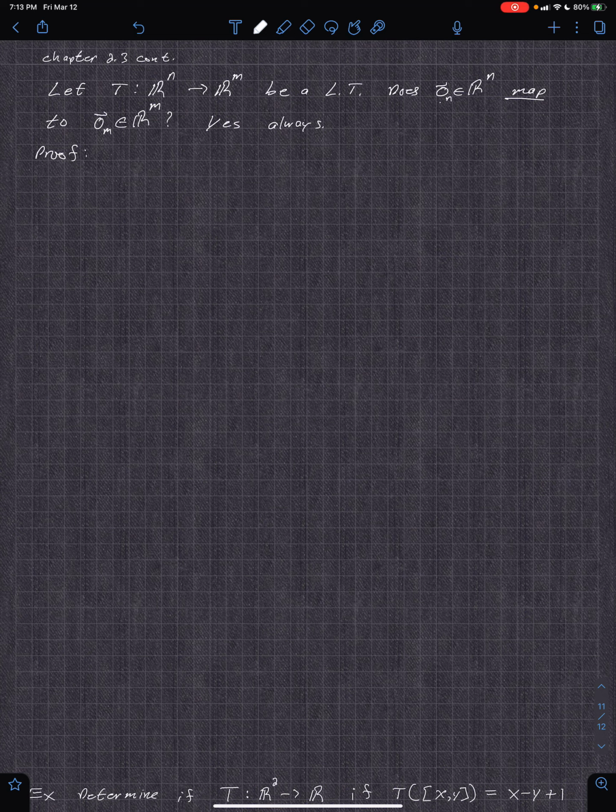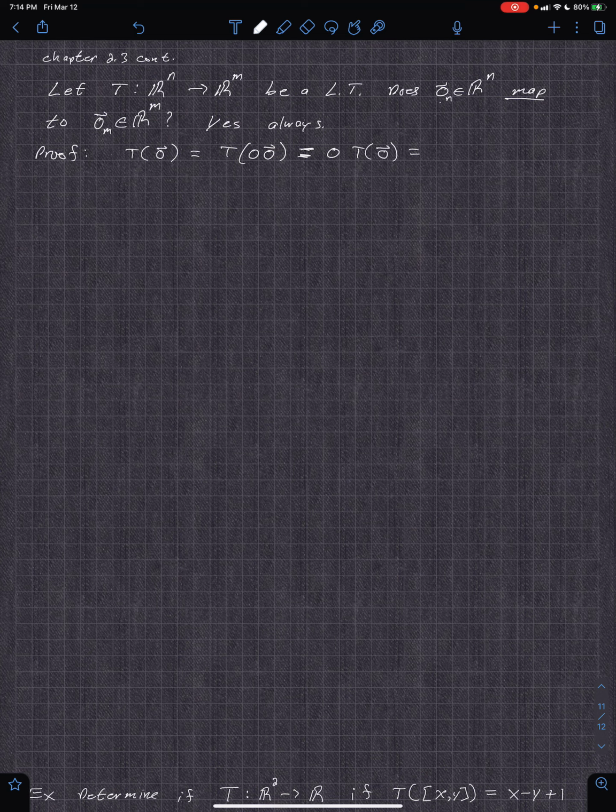So let's assume this is a linear transformation. And if you look at T of 0, that's equal to T of, that's a 0 vector. So this 0 vector here is in Rn. But that is always equal to the number 0 times the 0 vector. And because it's a linear transformation, we can take out the number 0, times T of the 0 vector.